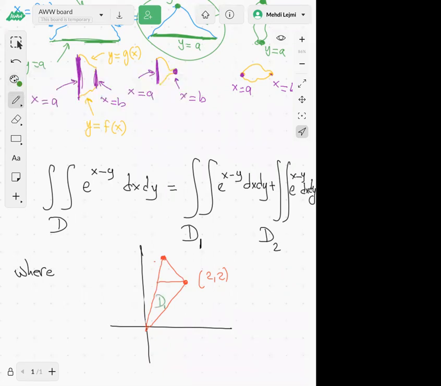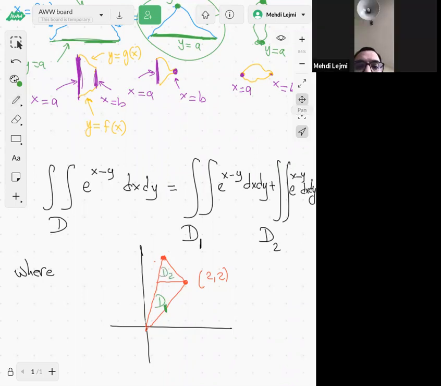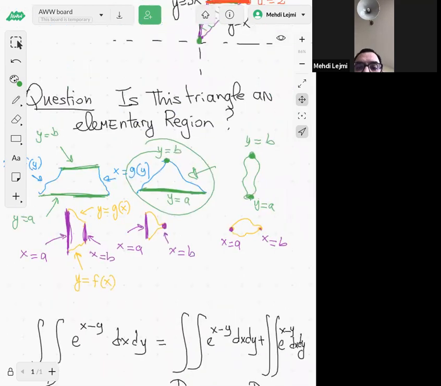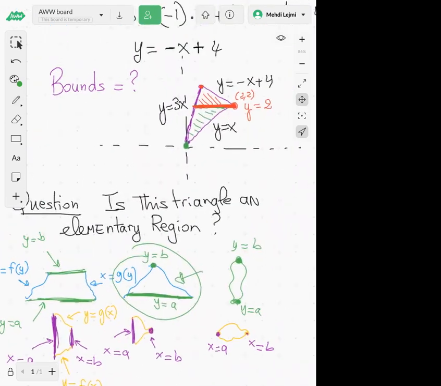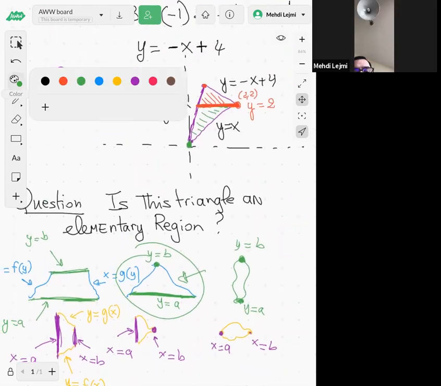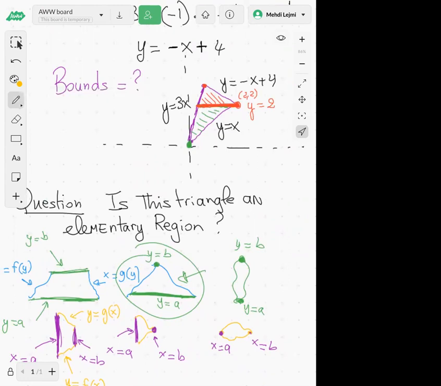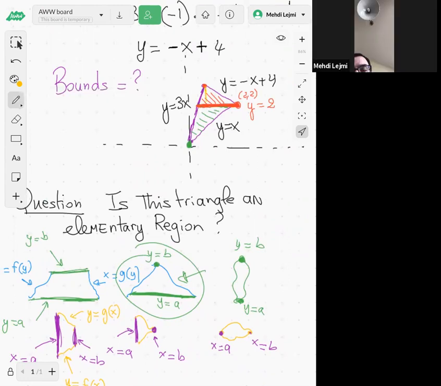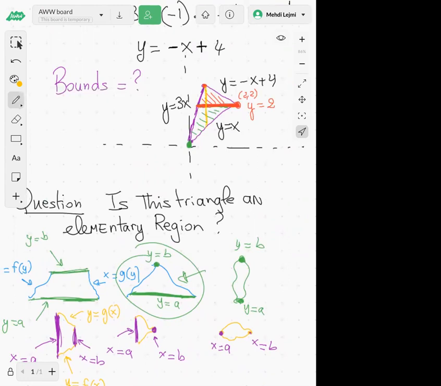Professor, I have a question. If we use the other point, would it still be correct? To connect to the bottom, to y equals x, would that be correct? That's also correct.